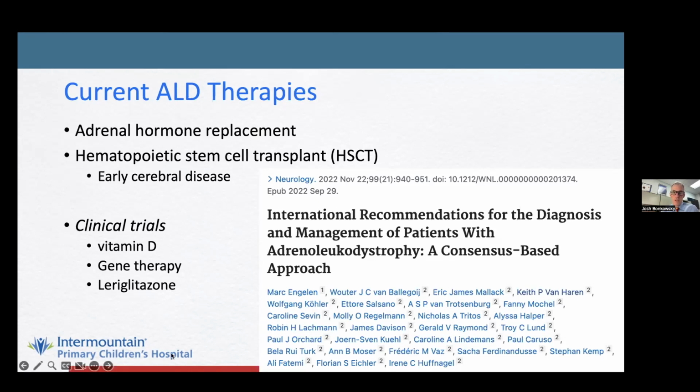There are multiple clinical trials underway, including for vitamin D, for gene therapy, and for a drug called liraglutide. Those may further impact treatment options for men and boys and women with ALD.